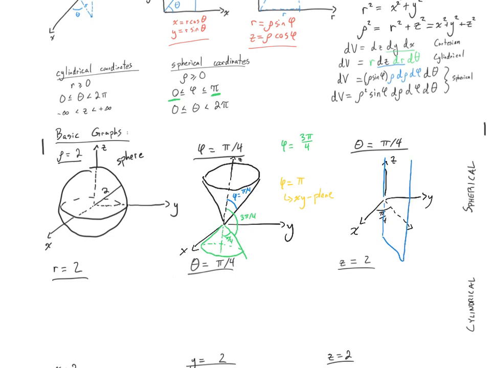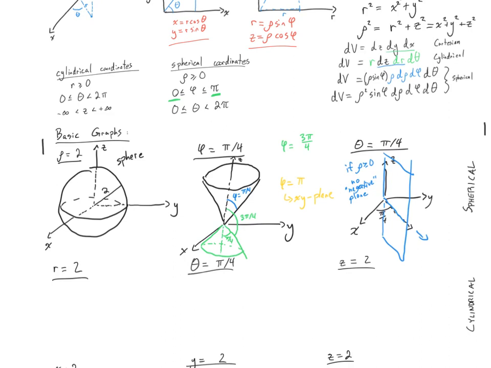You take a plane going through this exact line in the xy plane and going vertically up along the z-axis. If rho is greater than or equal to 0, you're not going to get the plane in the negative direction. So it won't be pointing backwards from the angle pi over 4. It's just half of the plane pointing in this direction that I've drawn.